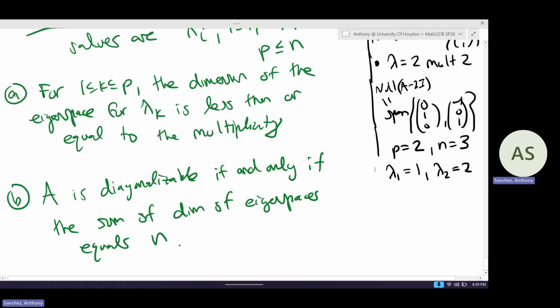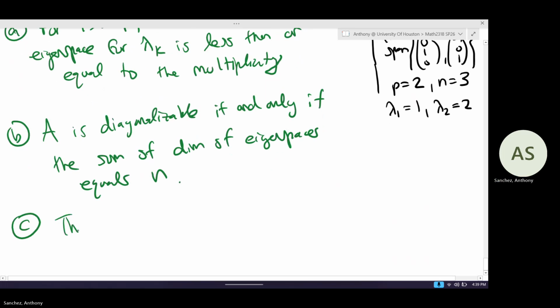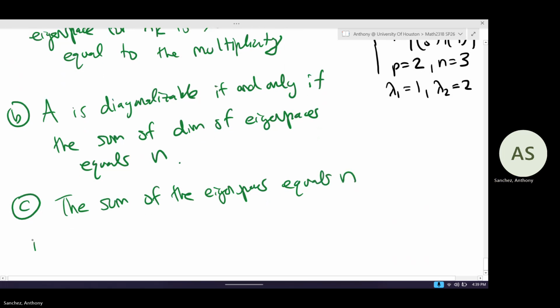And then last but not least, part C is saying the sum of the dimensions of the eigenspaces equals n if and only if two things happen.